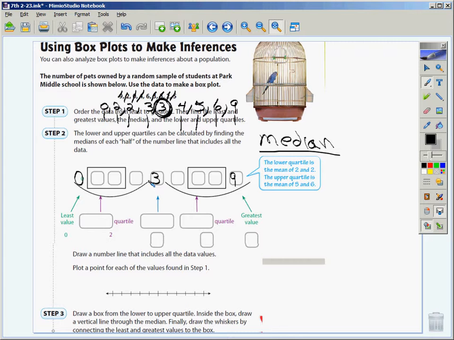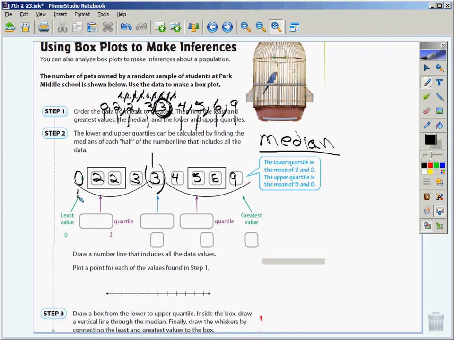By the way, I could go ahead and fill these in. Quartile. And I'll talk about that in a minute. Okay? Listen. Once I found that this was my middle, and this number got used, then what I find is the middle of this half.